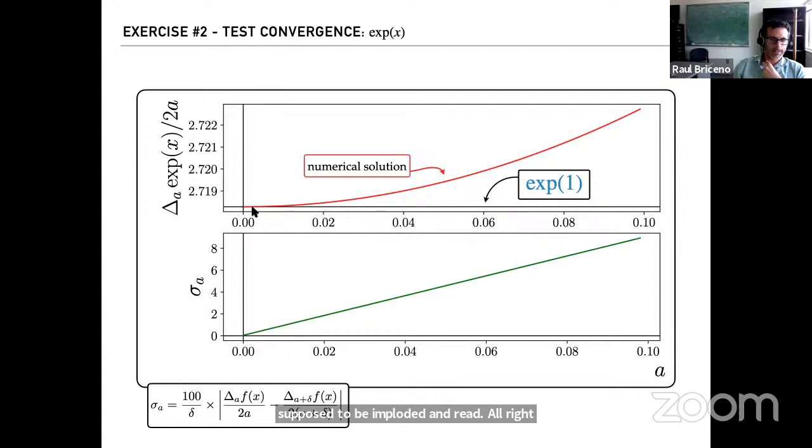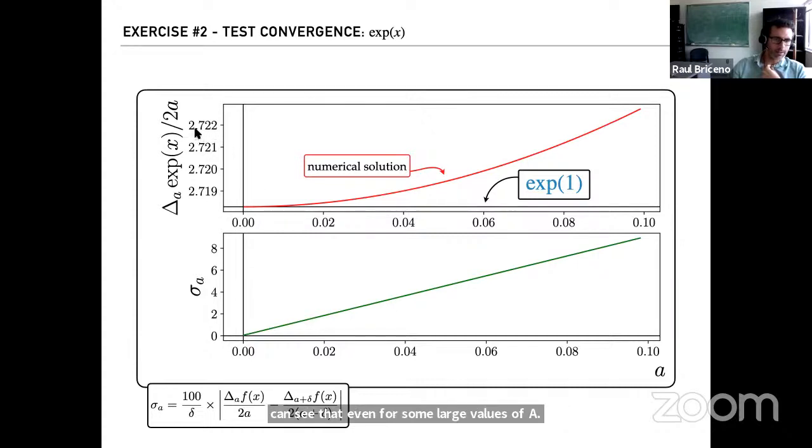That's what's being plotted in red, all right? This black line over here is the result that I expect from calculus. Having taken my calculus course, this is what I expect to get in the limit that a goes to 0. And you see that indeed it is agreeing. In fact, even for some large values of a, the difference is not that big, right?